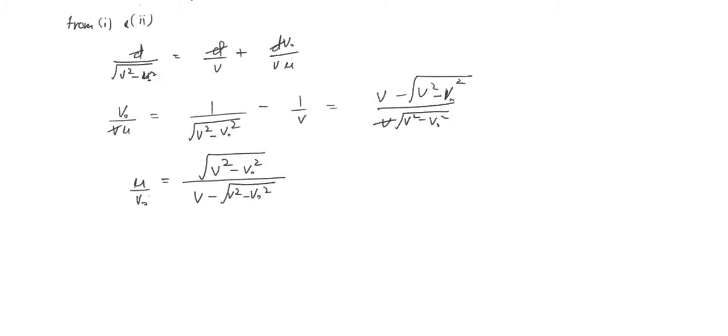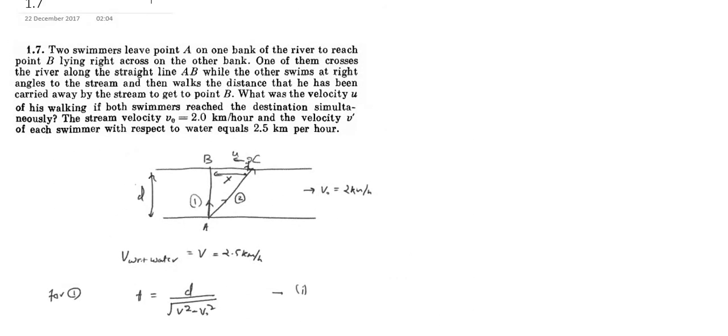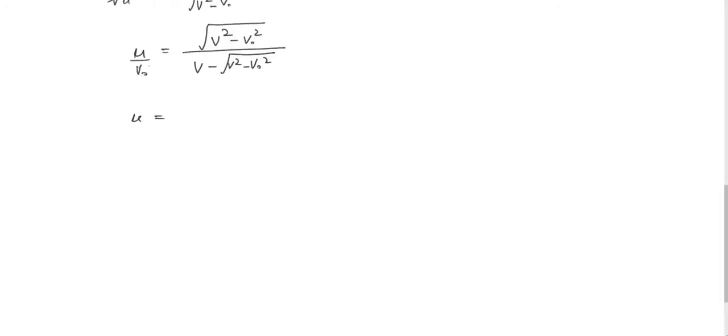Now we can substitute the values. Here V0 is equal to 2 and V is equal to 2.5, both in kilometer per hour.